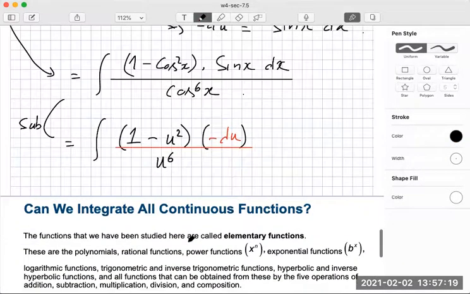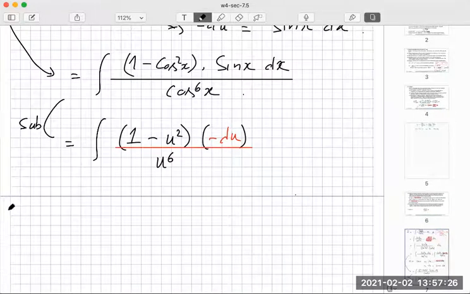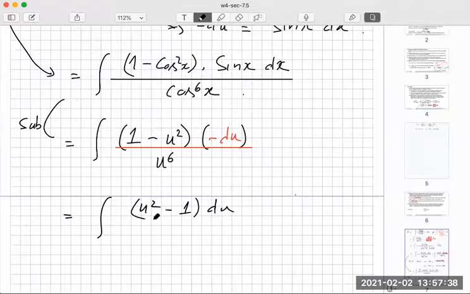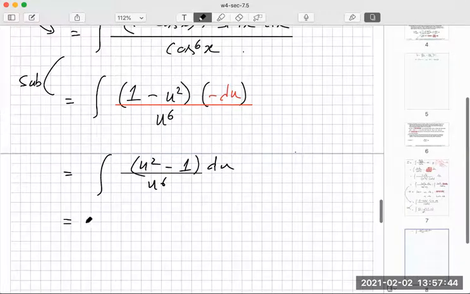Very good, right? Then we get rid of the negative sign here, or we can write it as u squared minus 1 du divided by u to the 6th, right? Do you agree?